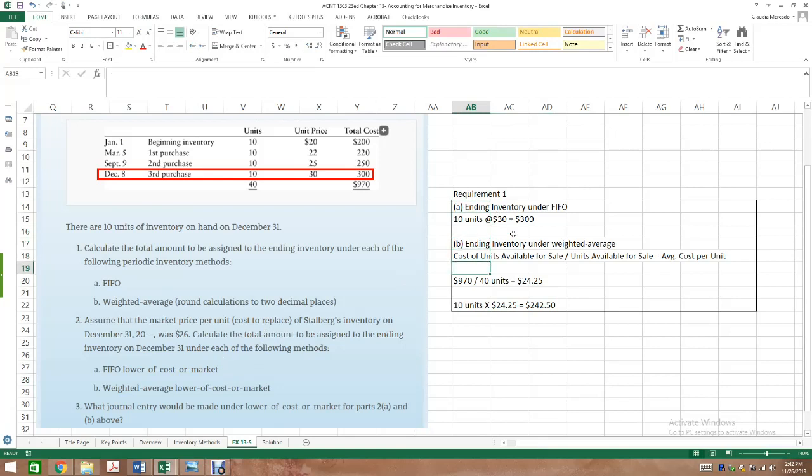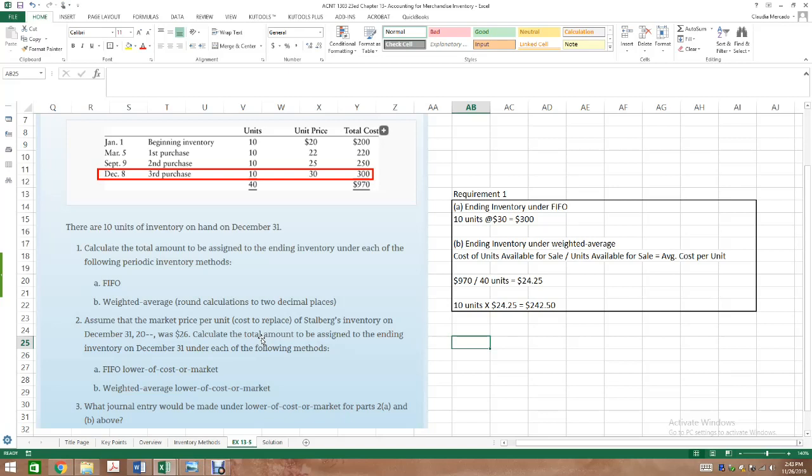Now for requirement 2, they're asking, okay, assume that the market price per unit, this is the cost to replace Stahlberg's inventory on December the 31st, is $26. Okay? So we have to calculate the amount to be assigned to the ending inventory on December the 31st under each of the following methods: the FIFO and the weighted average.